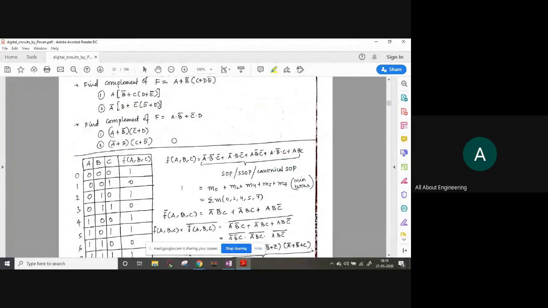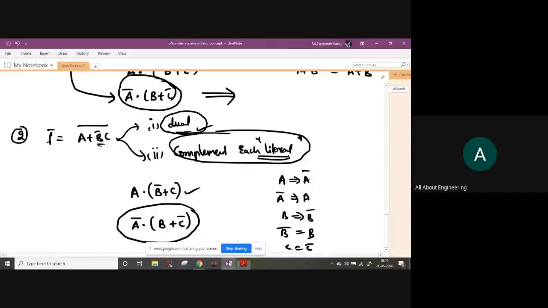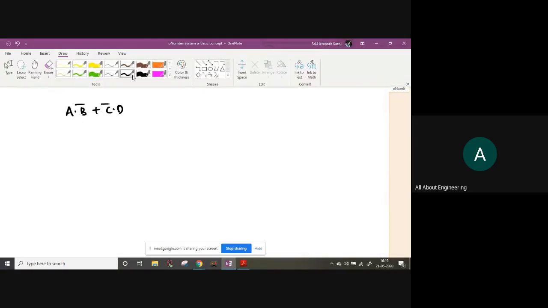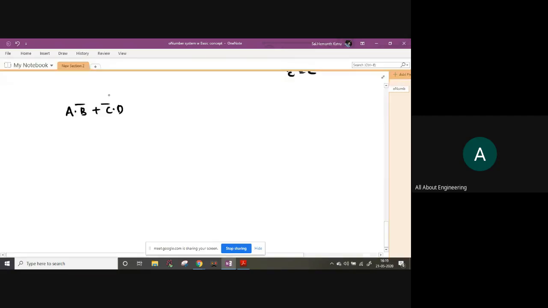Now a question for you: A plus A dot B bar plus C bar dot D. Yeah, this is the first question in today's session.